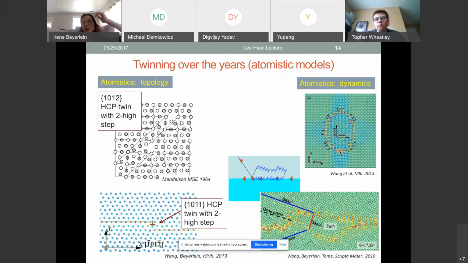And what was found by atomistics that wasn't known before was that this twin embryo grows by atomic shuffling, where an embryo doesn't just consist of a boundary of the coherent twin plane, which is theoretical, but there's also been this finding that there are alternative defects that lie along the twin boundary that can move via an atomic shuffling mechanism.